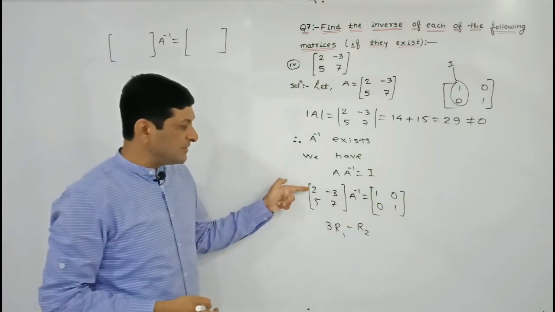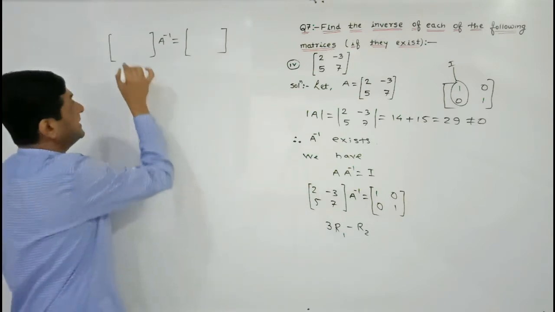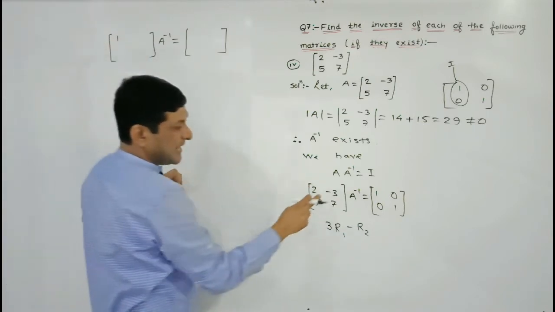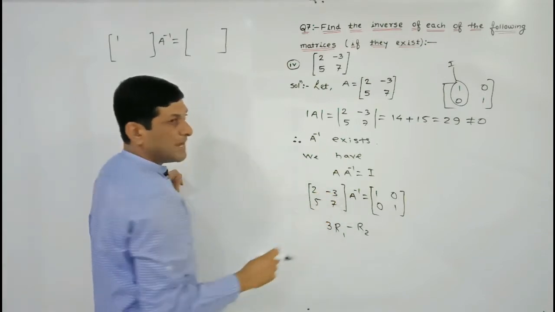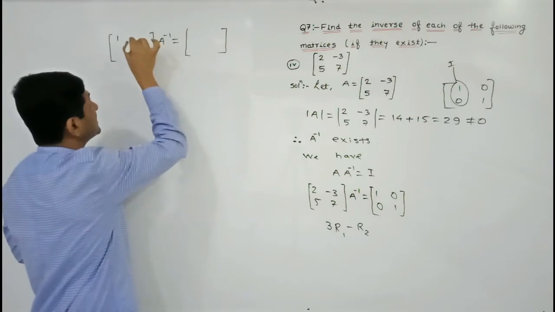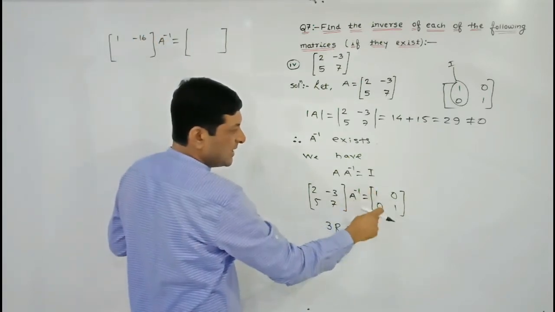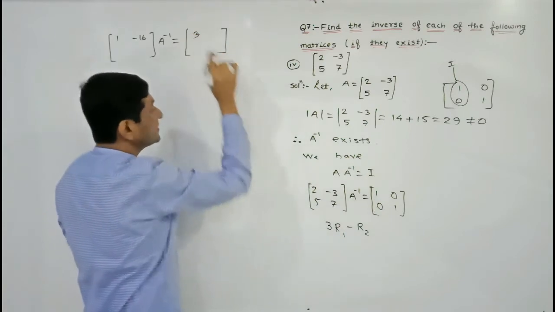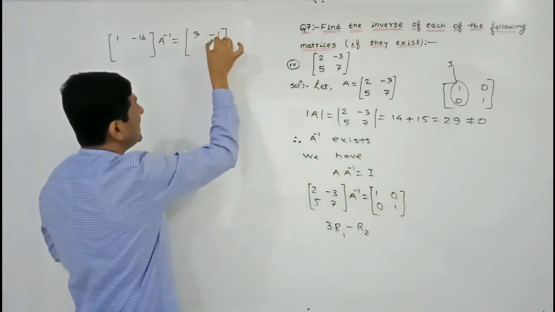So multiply by 3, 3 into 2 is 6, 6 minus 5 is equal to 1. Then multiply by 3, so here we'll get -9, -9 minus 7 will become -16. On this side, multiply by 3, 3 minus 0 will be equal to 3. So multiply by 3, here we'll get 0, 0 minus 1 will be equal to -1.